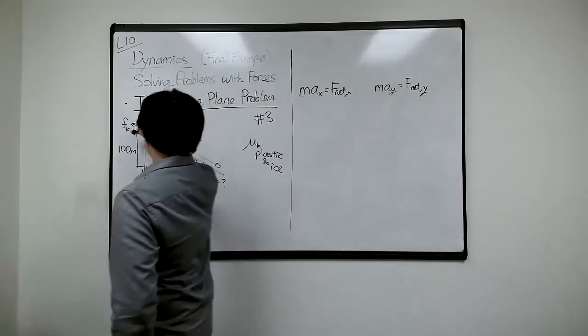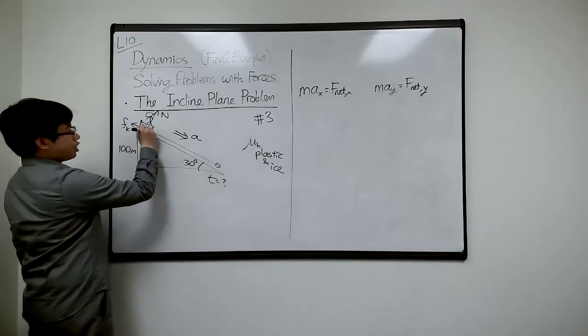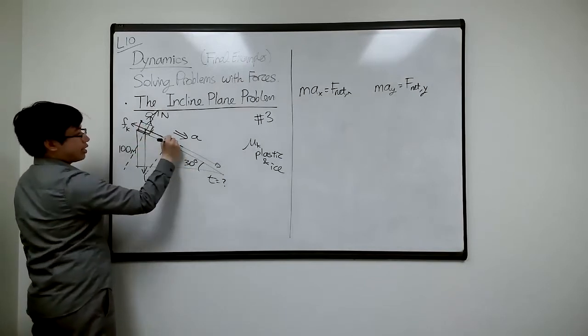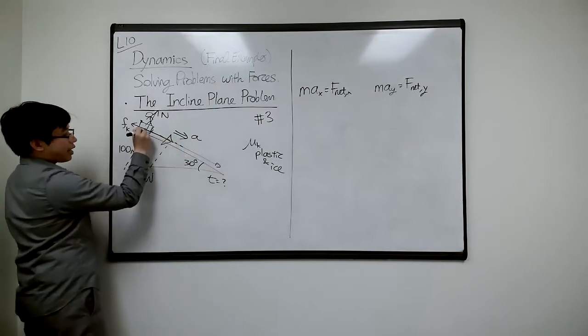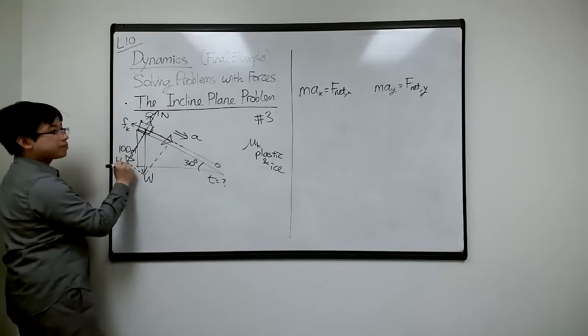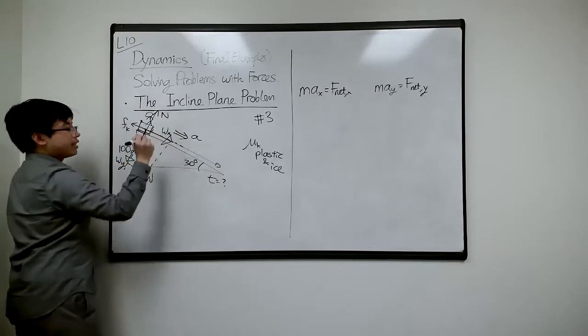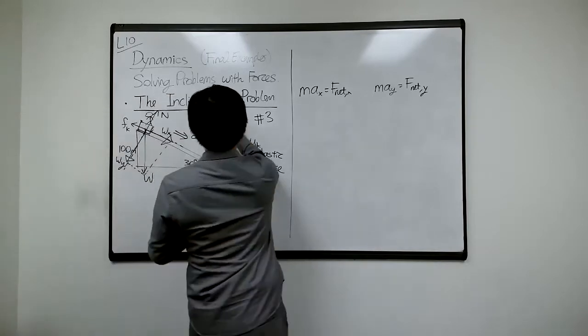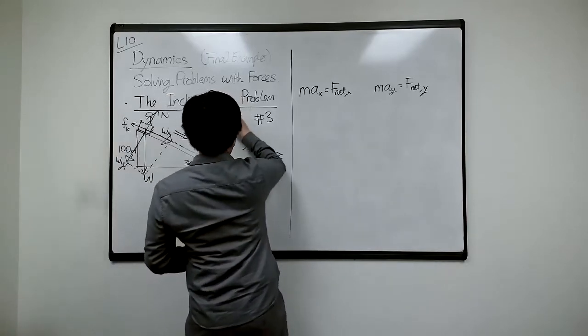Right, step 1, draw the FBD. Step 2, resolve this, which I will draw with some dotted lines so that I can have a Wx and Wy over here. Okay, what's going to contribute to my acceleration? Well, I'm going to point xy this way.